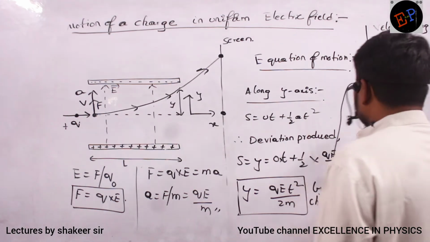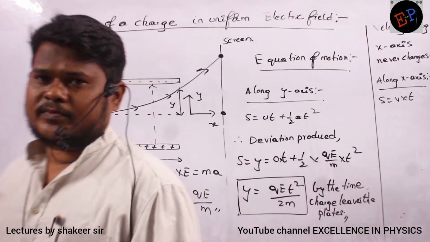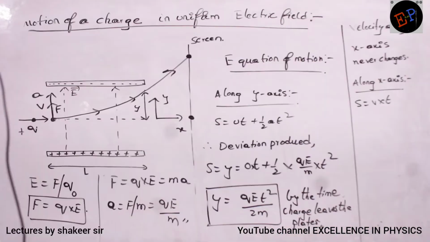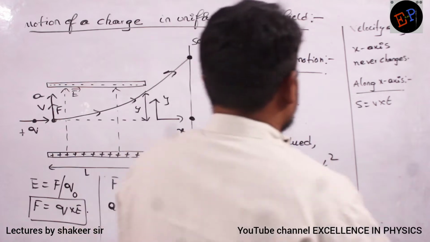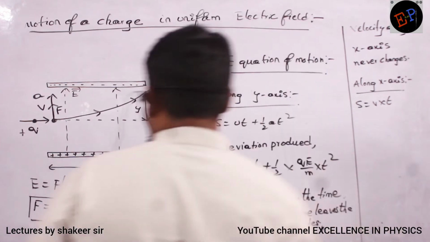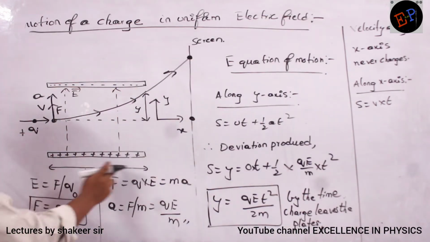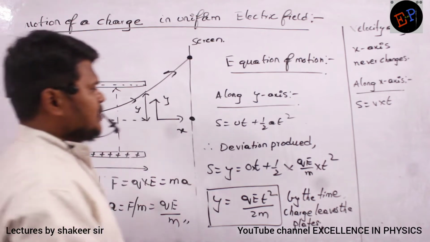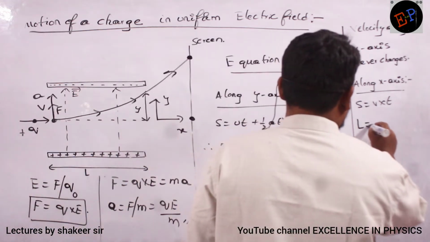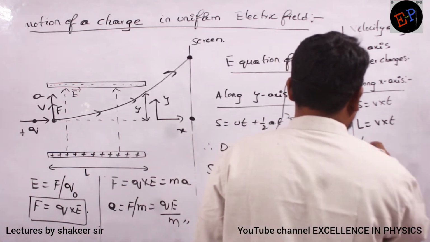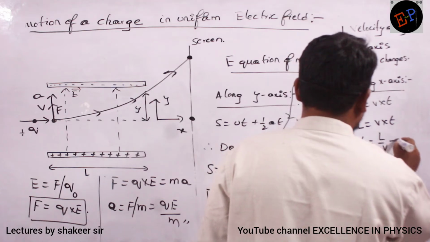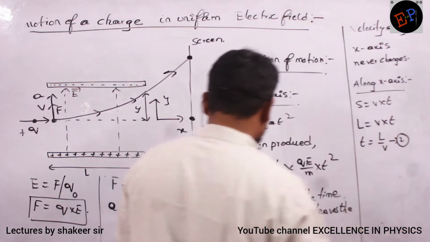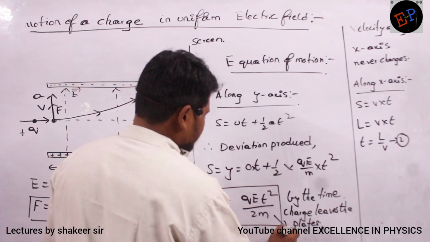Uniform motion, no? Along the x-axis, displacement is nothing but L, the length of the plate. So L is equal to V into T. So therefore T value is L by V. Let us consider this is my second equation and this is my first equation.